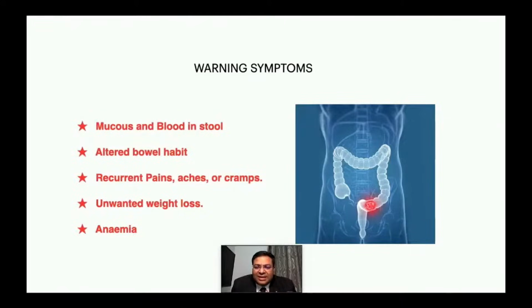So if there is unintended weight loss of say 5-6 kilos over a period of 3 to 6 months, then it is a thing of concern. Next, another important sign is anemia. Again, anemia is because there will be an ulcer, and there will be a small amount of minor bleeding which continuously happens from the cancer. That can cause anemia, which is a drop in the hemoglobin.